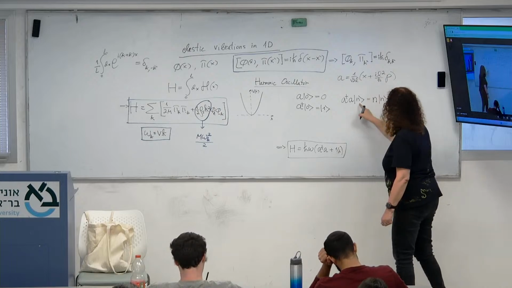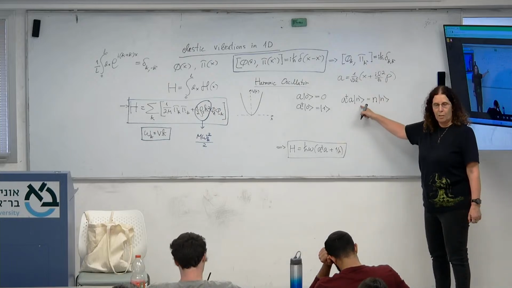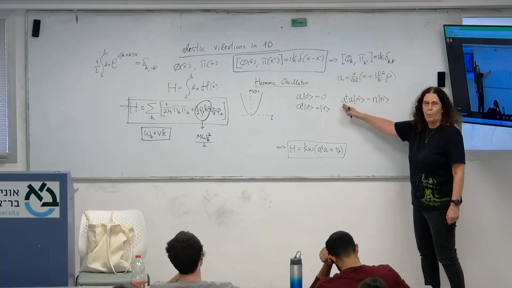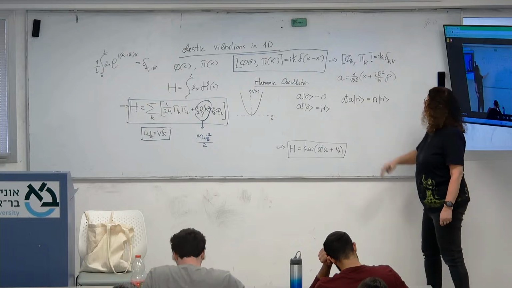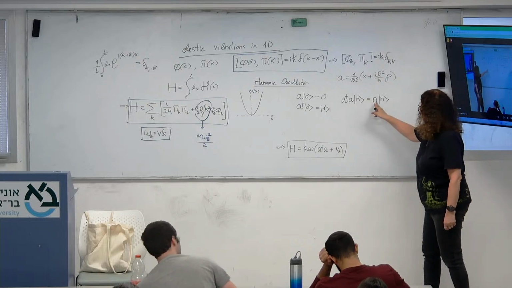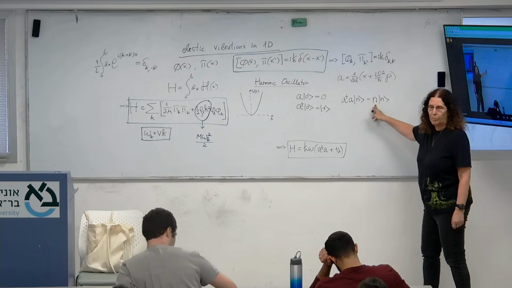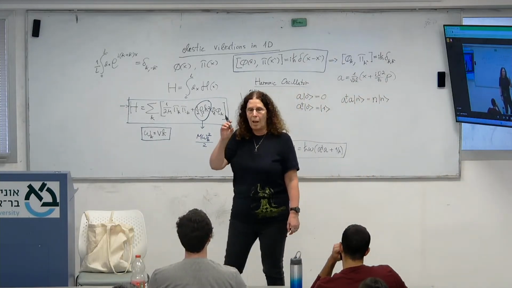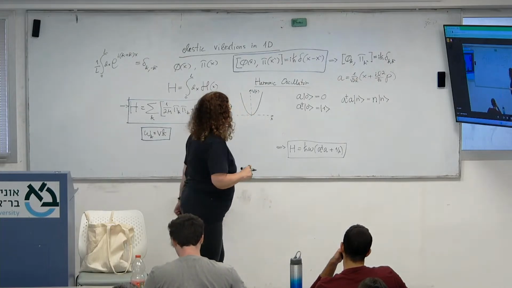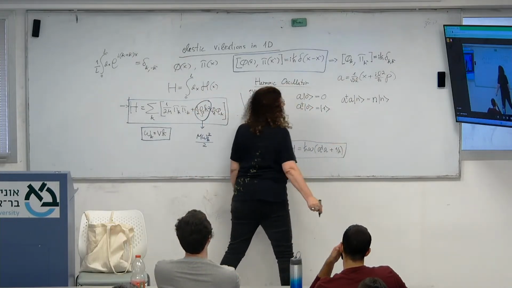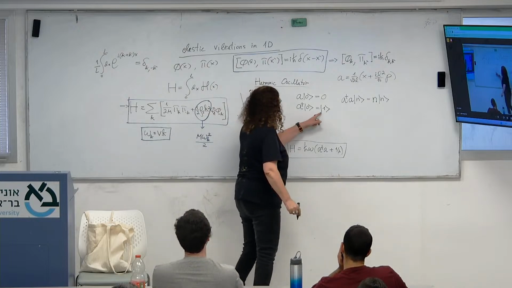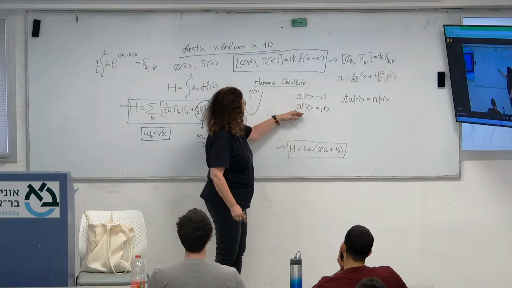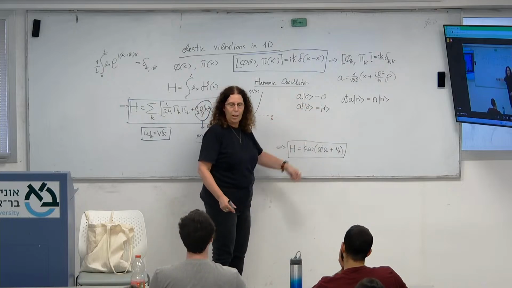Okay, so there is a ladder of states which are eigenstates of the operator A dagger A with an integer quantum number. So the operator A dagger A is a number operator that counts how many times we are moving in the ladder.